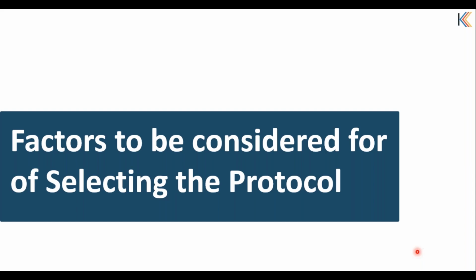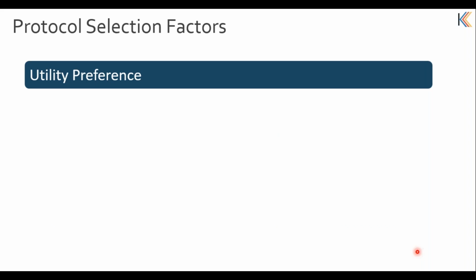Talking about the protocols to be considered for interoperability testing or certification testing, these are all our views. You need to consider specific factors like utility preference. What are the specific utilities' preferences where you are planning to sell the product?